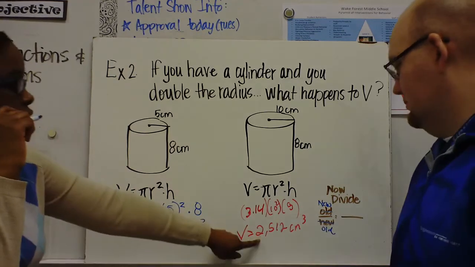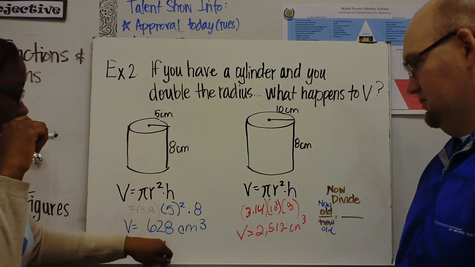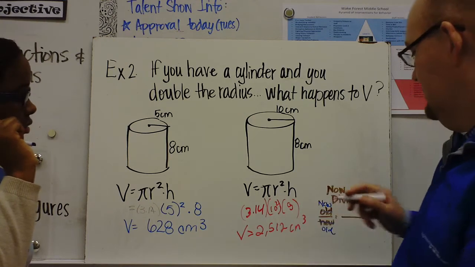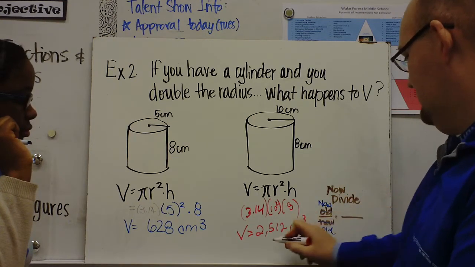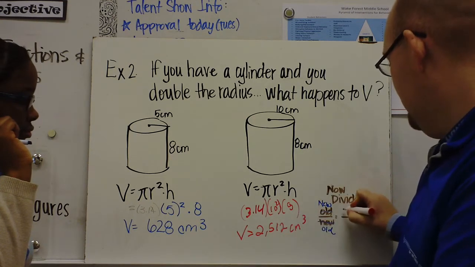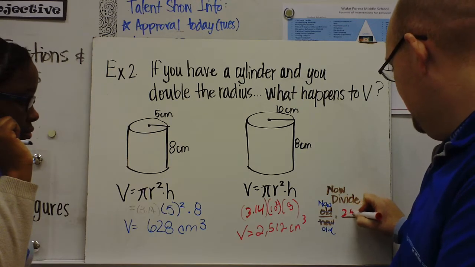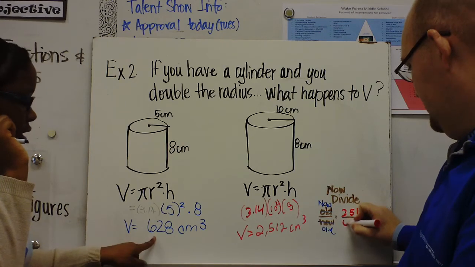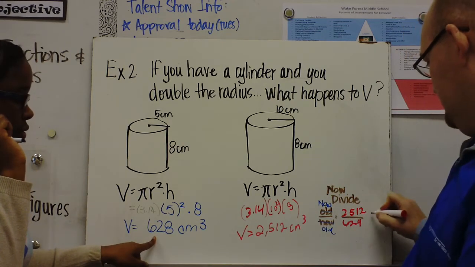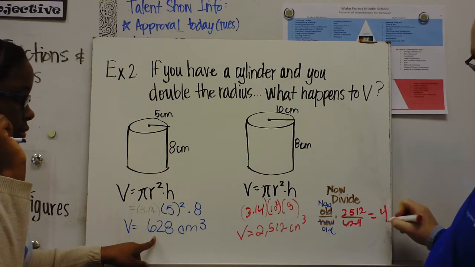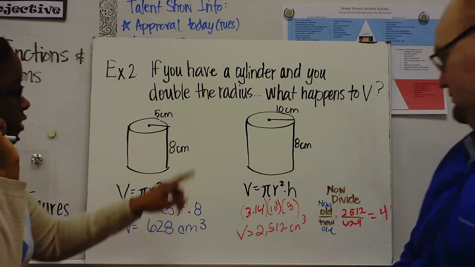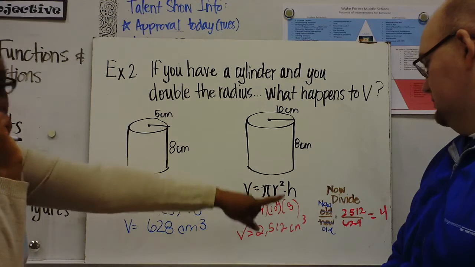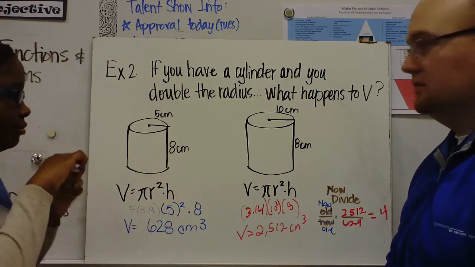So the new volume divided by the original volume is going to be 4. 2,512 divided by 628 equals 4. So our volume, if we double the radius, is actually quadrupled. 4 times bigger.